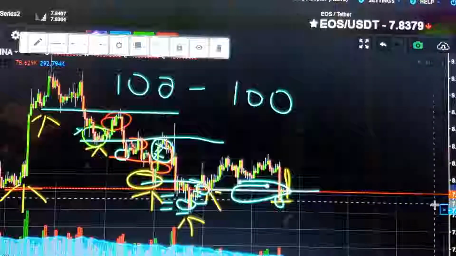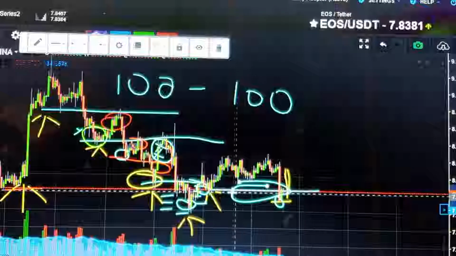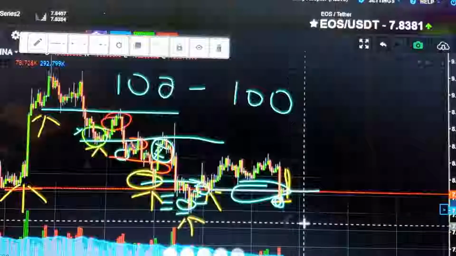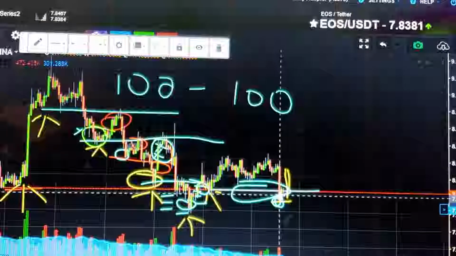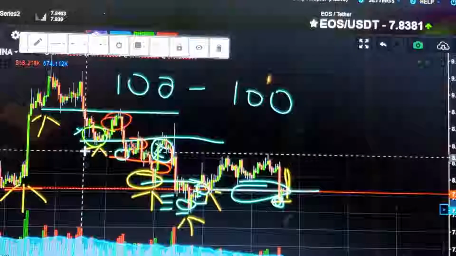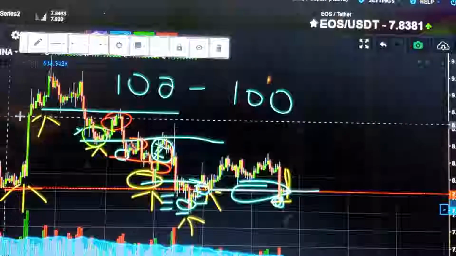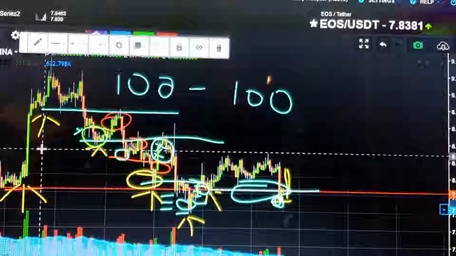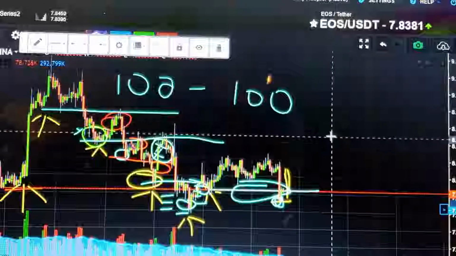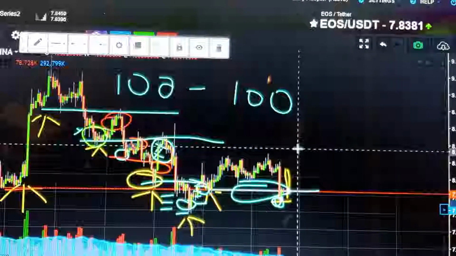Right up here. So I got my alert, got on, got a couple little nibbles. And you can do this all day with many charts. But what I do is I accumulate my free coin. Okay.